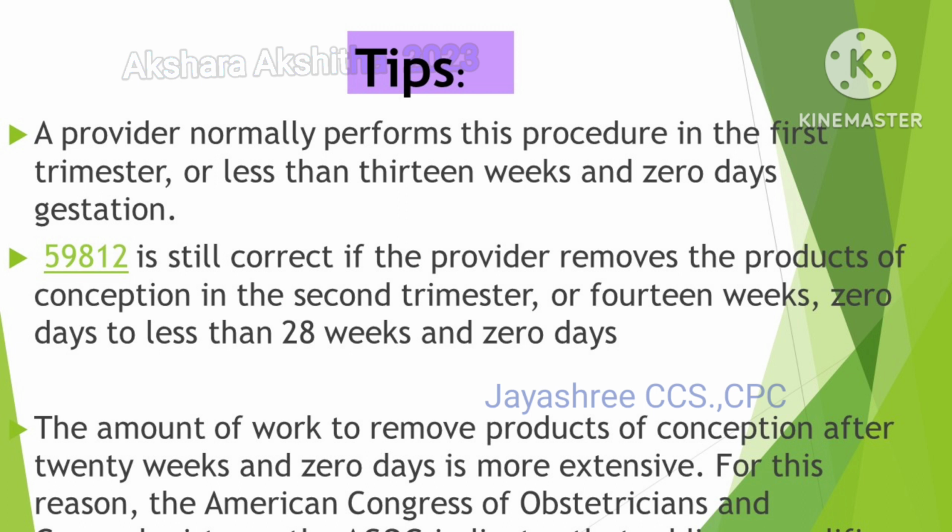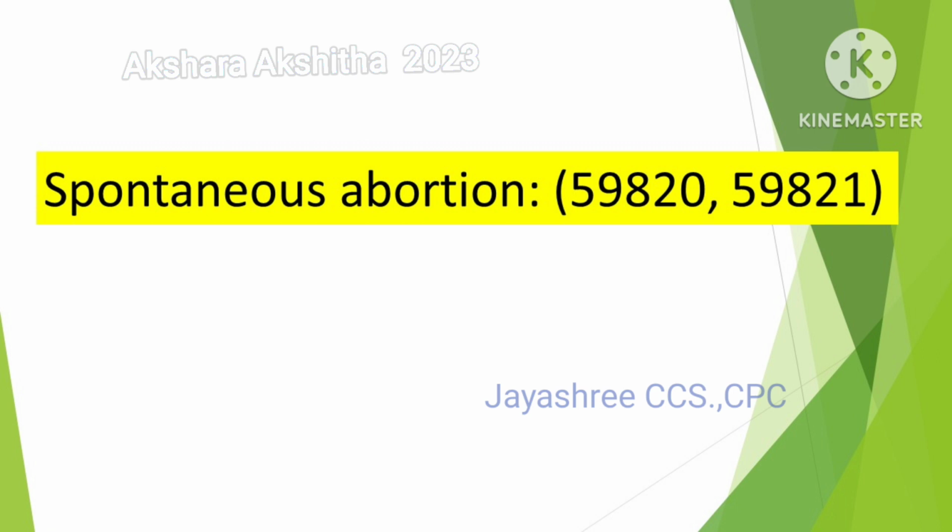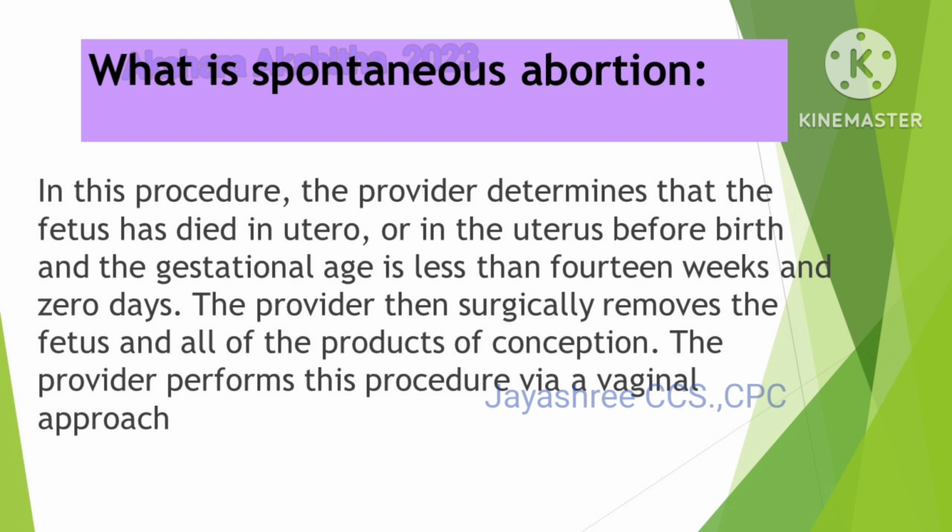Okay. The next CPT codes are for spontaneous abortion. There are two CPT codes, one is 59820 and another one is 59821. What is the definition of this spontaneous abortion? In this procedure, the provider determines that the fetus has died in the uterus before birth and the gestational age is less than 14 weeks 0 days.